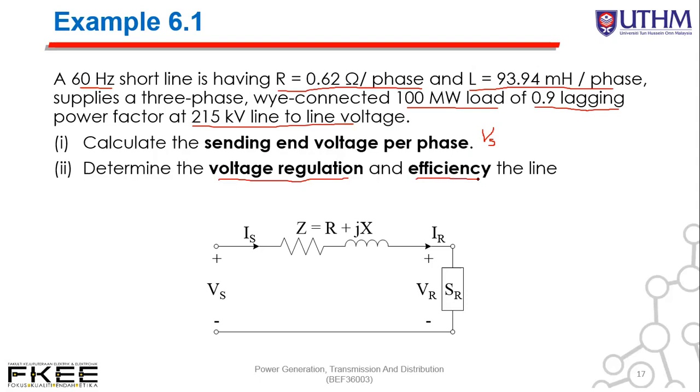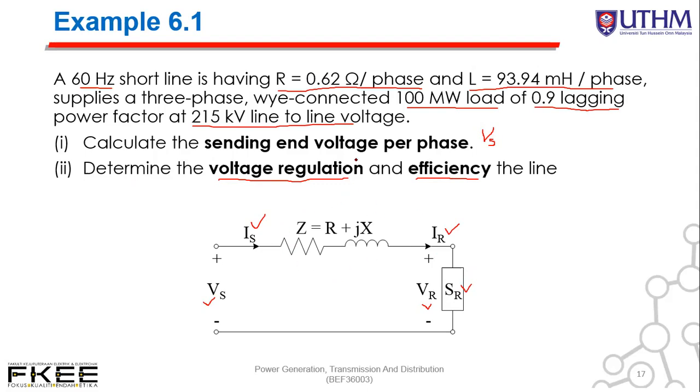So this is the transmission line model, same as the previous slide. We have VS, the sending end voltage, the sending end current, then the receiving voltage, receiving current, and the receiving power, apparent power, and the impedance in the transmission line.